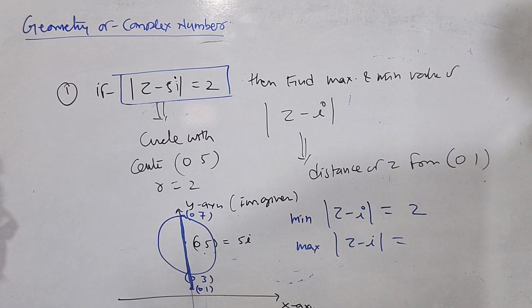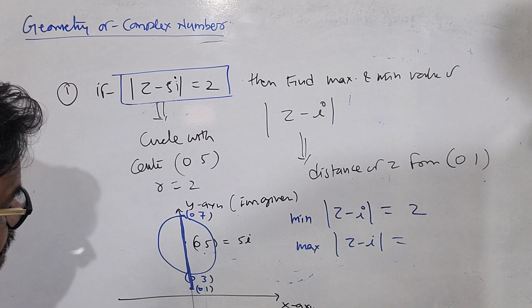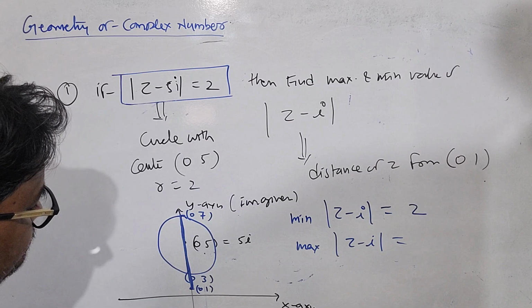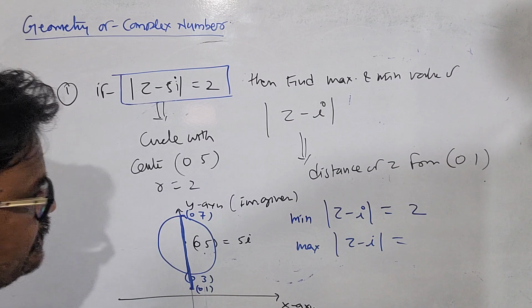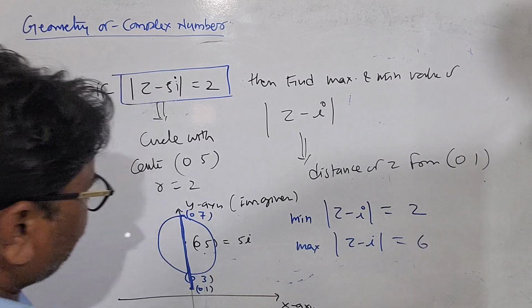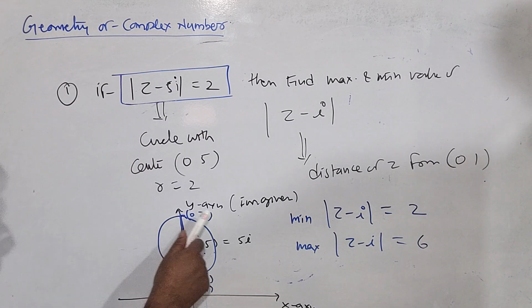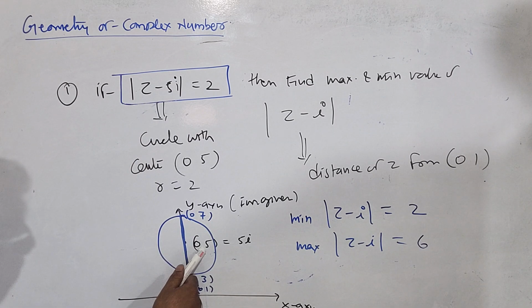The radius is 2, so therefore this is 4. And this is 1. So what is 7 minus 1? This is 6. This is (0, 7), because this is (0, 5). This is 2, and this distance is 2, 2 to 4, 4, and this distance is 2. That is 6. Correct. Okay, fine. So this question is over.